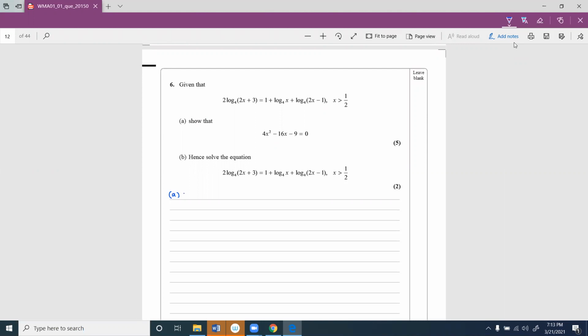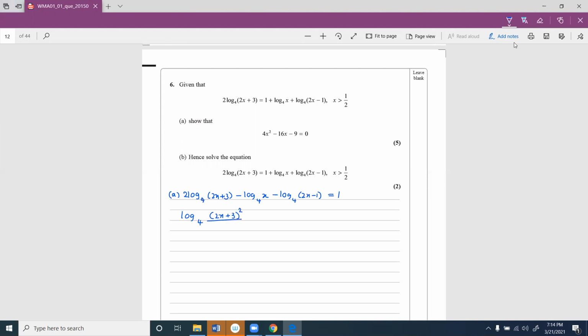Just write it: 2 log base 4 of (2x plus 3) minus log base 4 of x minus log base 4 of (2x minus 1) equals 1. Then simplify this using the logarithmic rules. Log base 4, this 2 you can take in as a power.